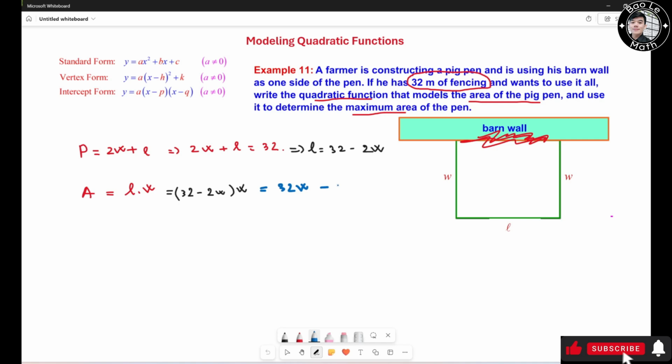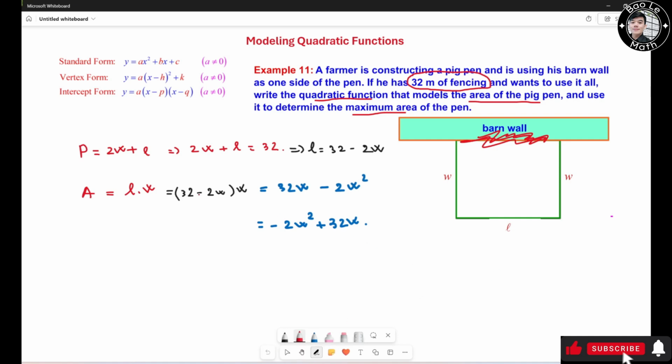So it turns out to be 32W minus 2W squared. Or I can rewrite this as negative 2W squared plus 32W. Now, to maximize the area of the pen, we need to find the y value of the vertex.